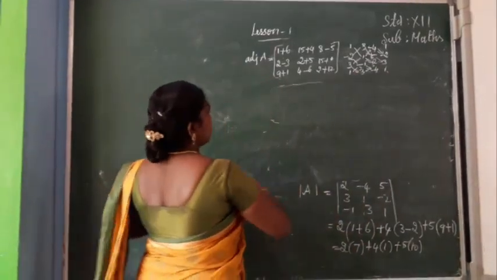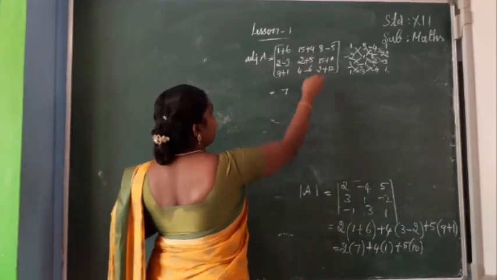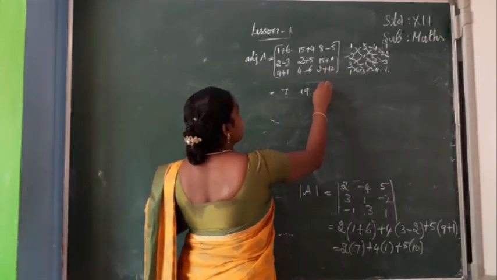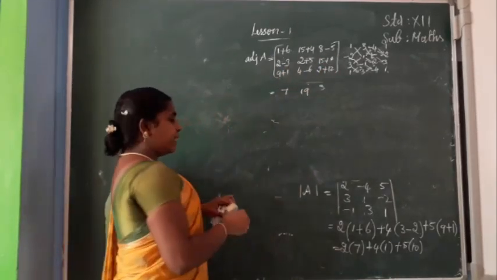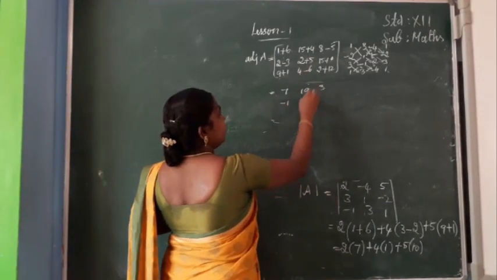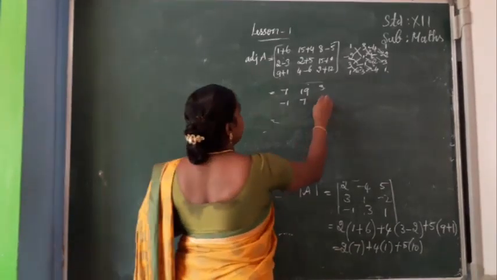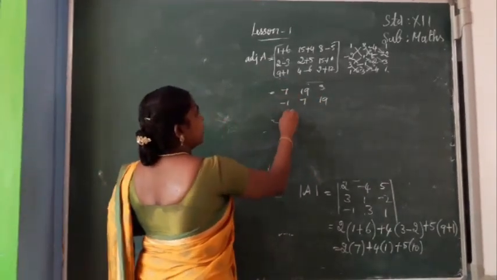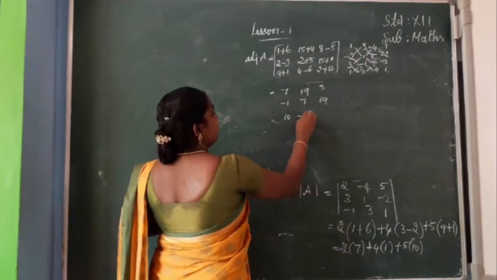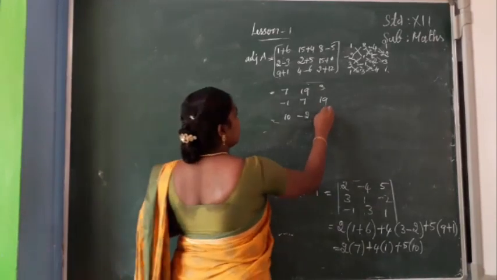Calculate: 1 plus 6 is 7, 15 plus 4 is 19, 8 minus 5 is 3, 2 minus 3 is minus 1. Next 2 plus 5 is 7, 15 plus 4 is 19, 9 plus 1 is 10, 4 minus 6 is minus 2, next 2 plus 12 is 14.